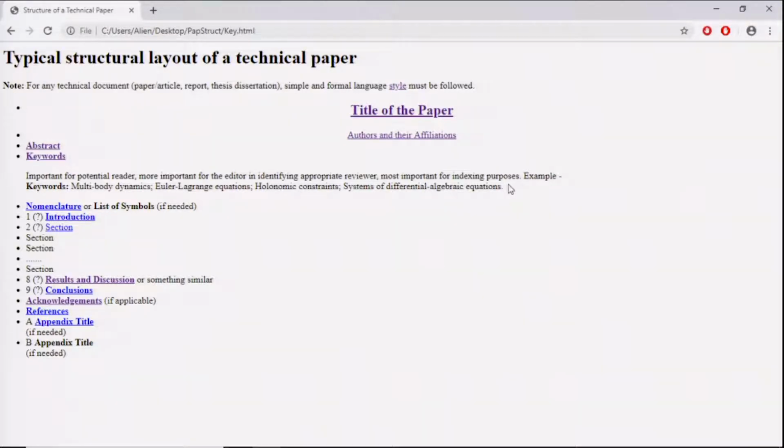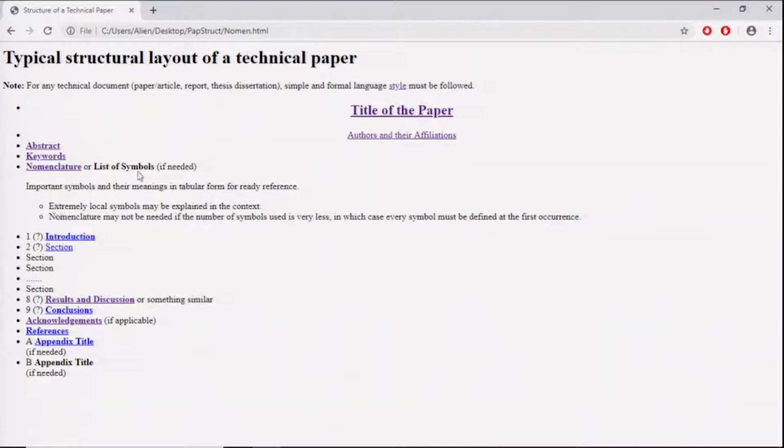Keywords are an essential feature of a paper, but the next one, nomenclature, is not essential. Nomenclature or a list of symbols: if it is needed, you put it; if it is not needed, you omit it. When you put it, you list out all the important symbols and their meanings, as a list or as a table, which will appear in the paper in several places.